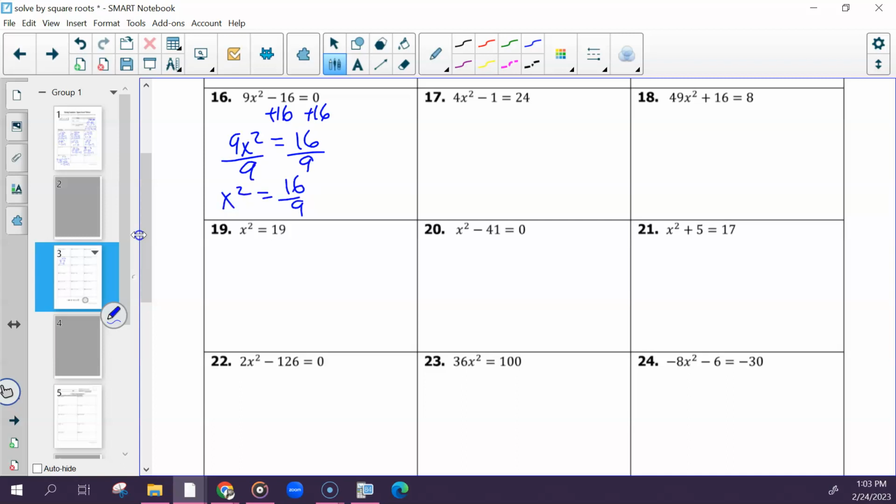If you can simplify, try and do that. The denominator is 3. So when you take the square root of a fraction, you're really taking the square root of each of these individually if they're perfect squares. So you could think about this like the square root of 16 over the square root of 9. So what would that be? Plus or minus 4/3. Okay.